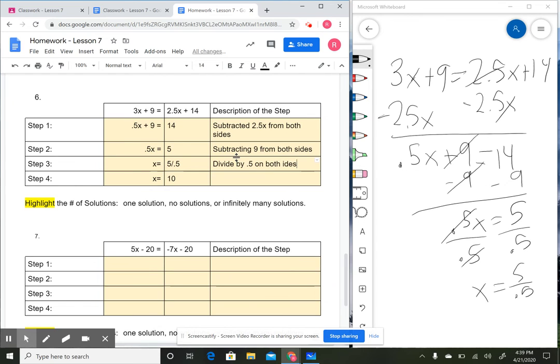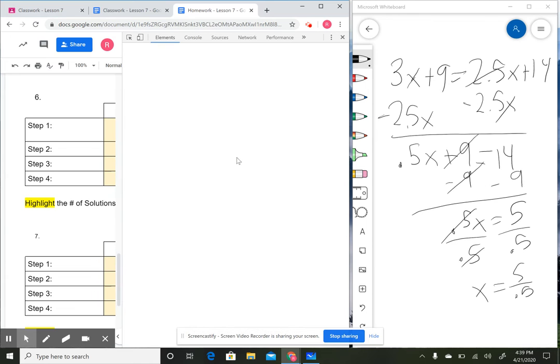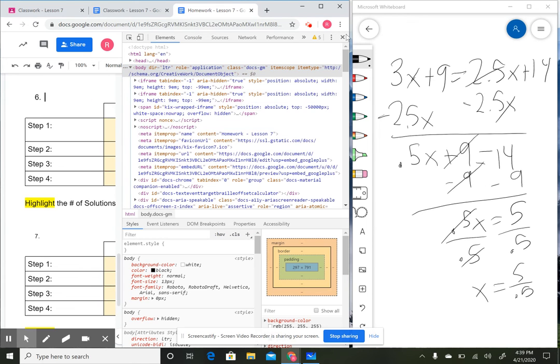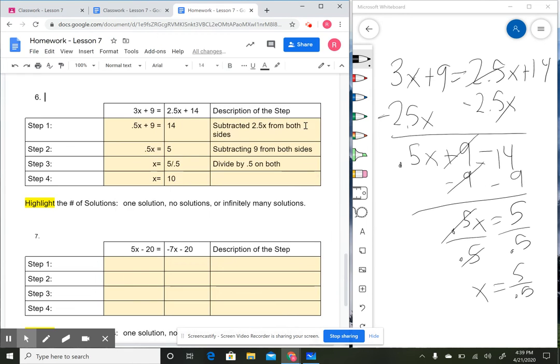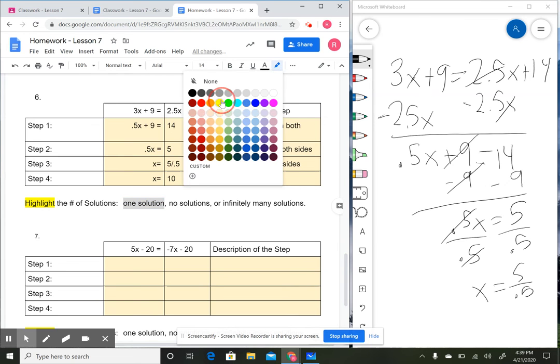Okay. Now, since you got the answer x equals something, that means that the answer is a one solution answer. That's going to be one solution.